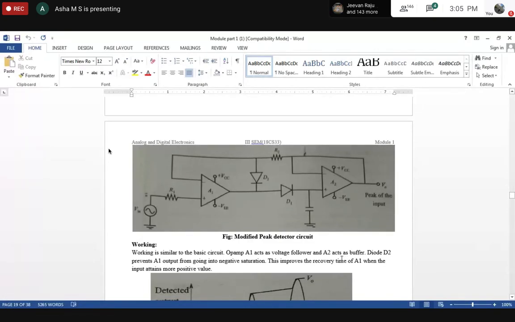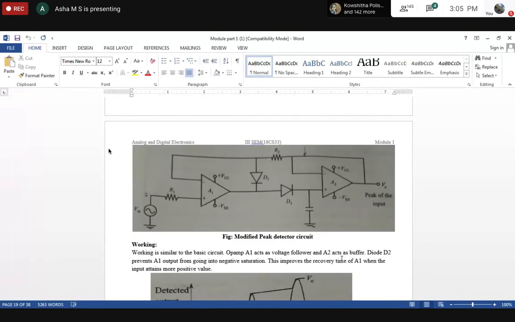So what is the need of this modified circuit? In the simplified circuit, normally we are not going to use this as an independent circuit.